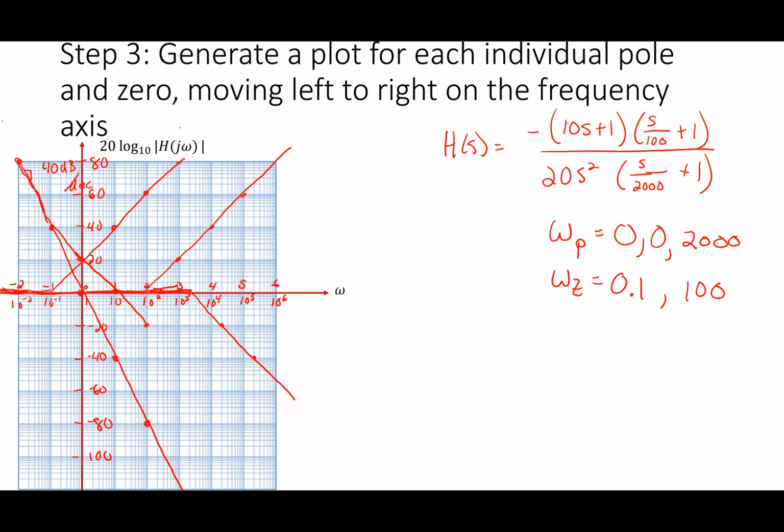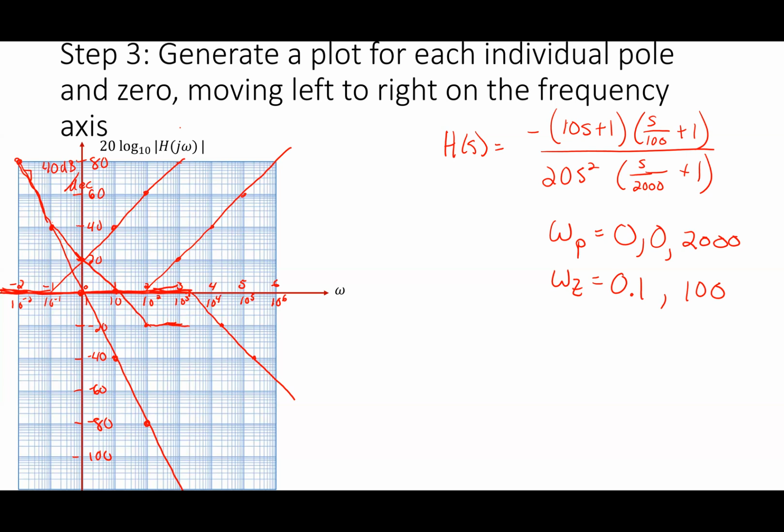What's the net result? It's going to flatten off. He's going to be at 0 dB per decade until he comes across 2000. At 2000, he comes across a pole. That pole says fall at 20 dB per decade, so the net effect is that now I'm falling at 20 dB per decade.